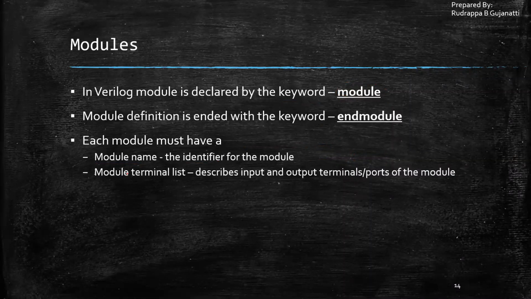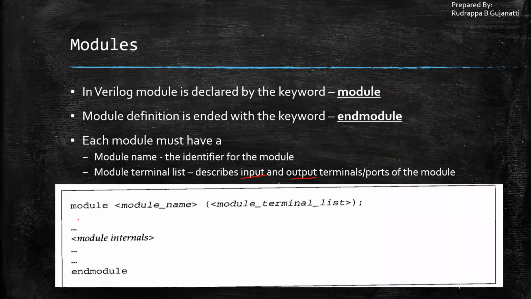Then it should have a module terminal list, which specifies the input ports, output ports, or sometimes termed terminals. An example was shown here, just a general example. We can see that the module has started with the keyword module and terminated with endmodule. As compared with C programming, it is like the opening brace and closing brace.